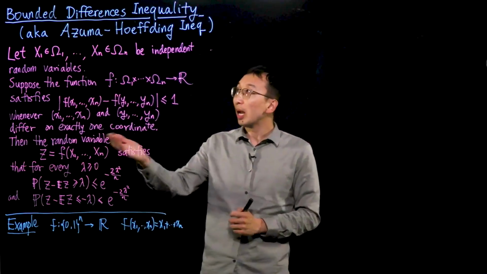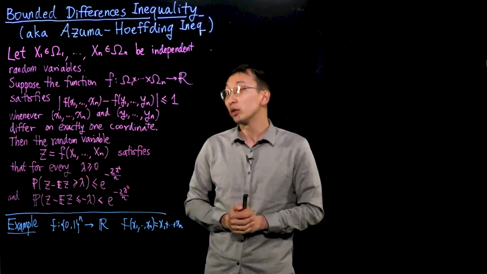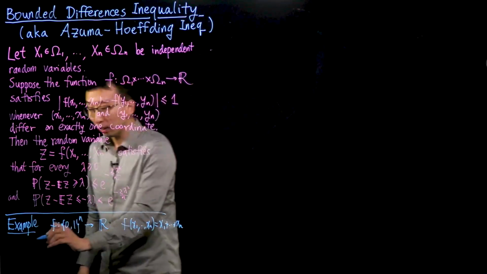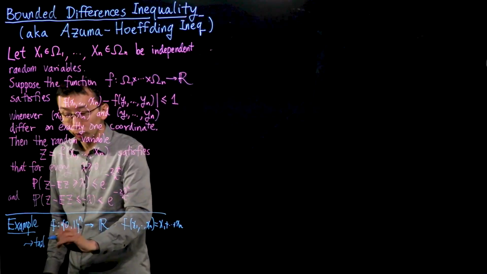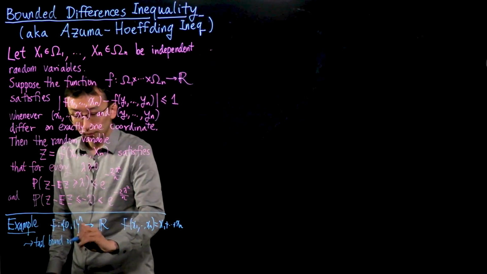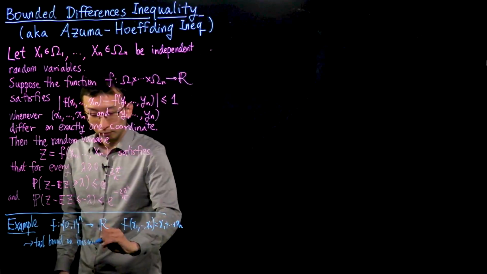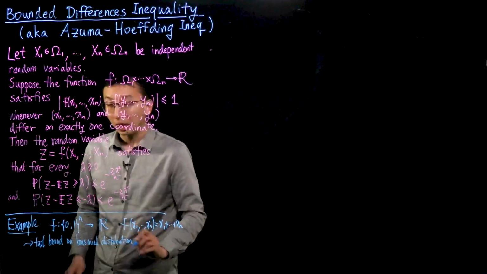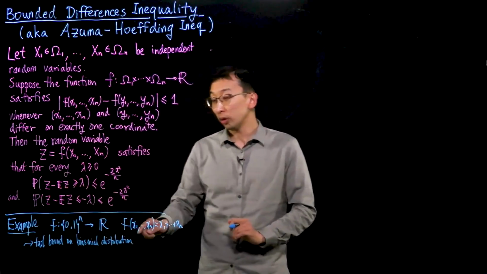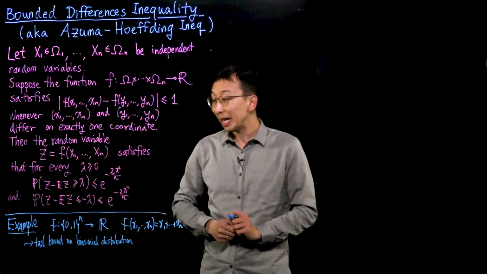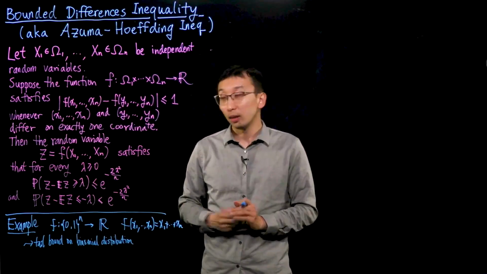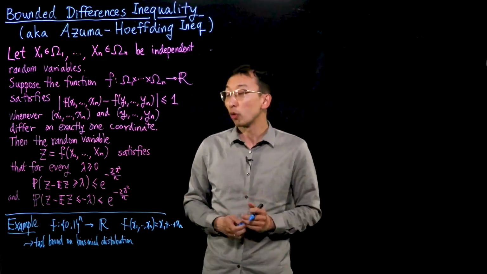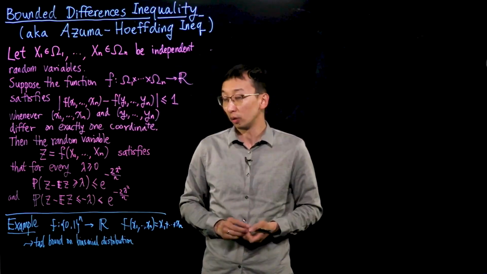Now, we can apply the Azuma-Hoeffding inequality, or the bounded differences inequality, to this function, and that gets us a tail bound on the binomial distribution. In this case, the expectation of z is exactly n over 2, and it tells you that the deviation cannot exceed very much beyond something on the order of the square root of n.